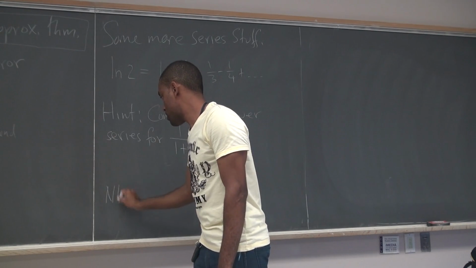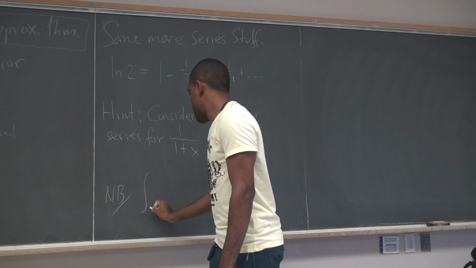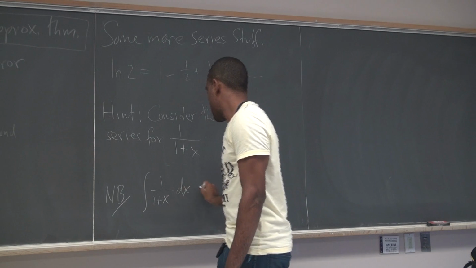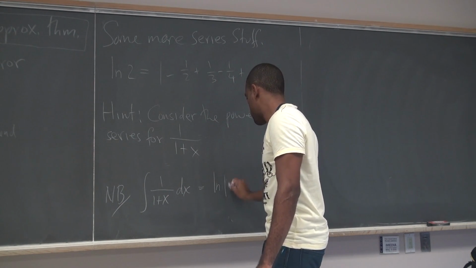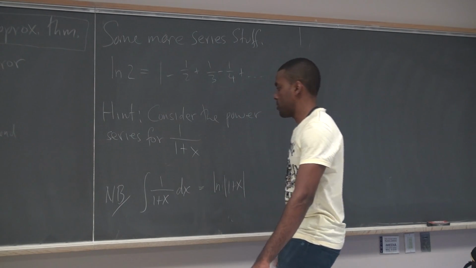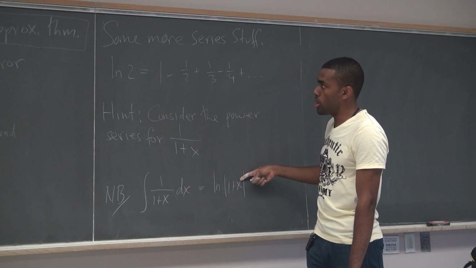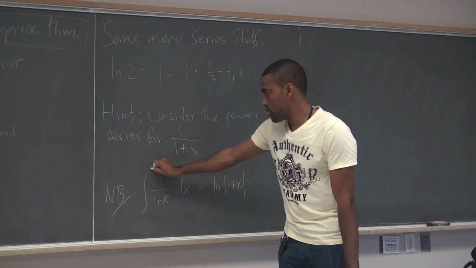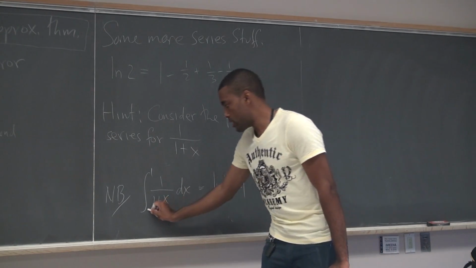Note the integral of 1 over 1 plus x dx is actually ln of 1 plus x. And if I want to get ln2, I would just plug in 1 here. So that would give me ln2. So if I want to do a definite integral, put a 1 up here. If I plug in 0, I get ln of 1, which is 0, so I can do that.